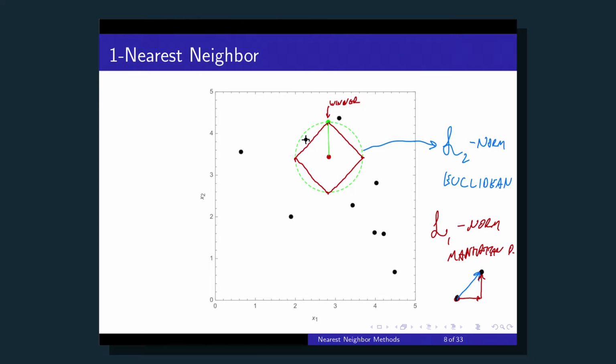So this is the winner for the L1 norm, and this one would be the winner for L2, so Euclidean, because it would be closer than 1. This is just to show you that the distance metric you use actually affects what is the nearest neighbor and what is not the nearest neighbor.